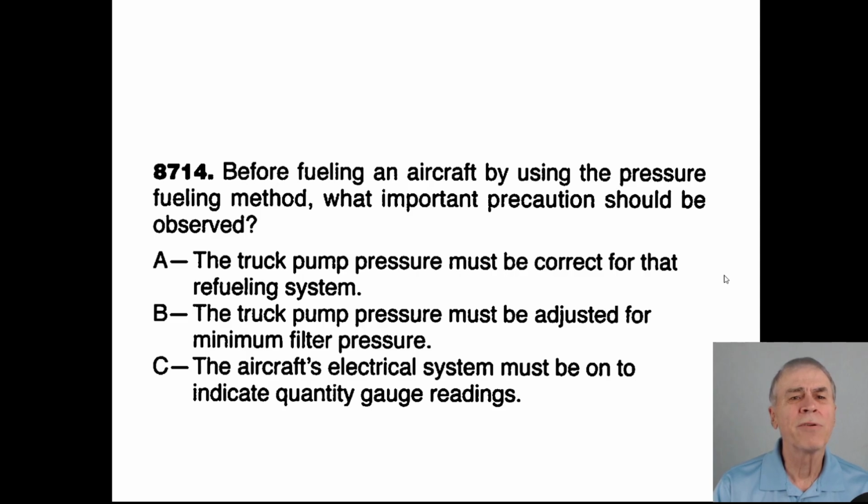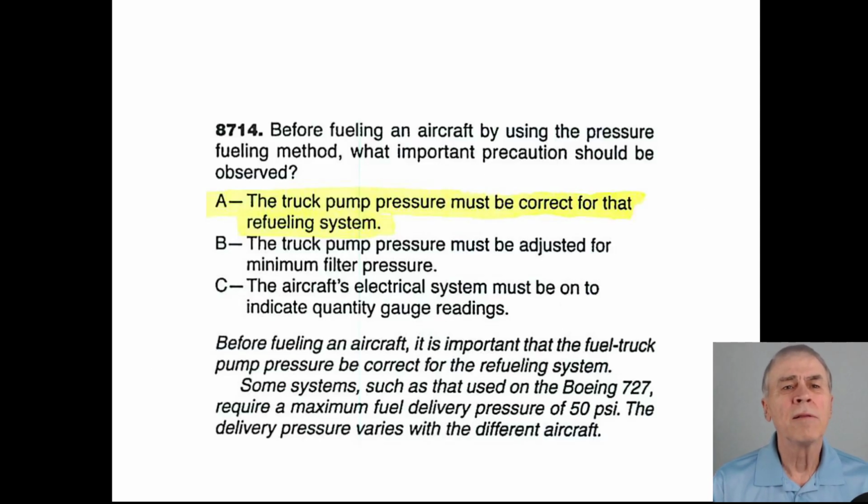It's been a while since I covered this. I'll look into that rabbit hole at another time. All right, so the 727 has a maximum fuel delivery pressure of 50 psi.